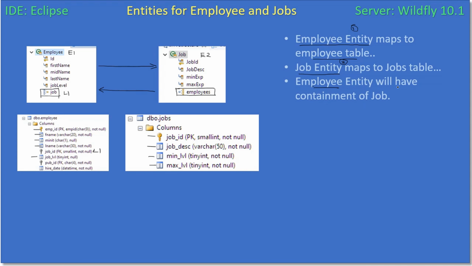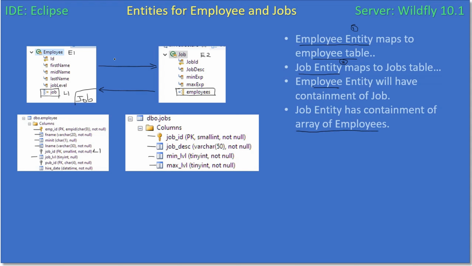Here the employee entity will have a containment of job. So there will be a job entity and we will have a containment of that job entity inside the employee. The job entity has a containment of an array of employees.